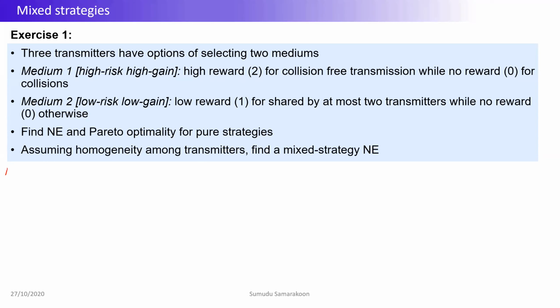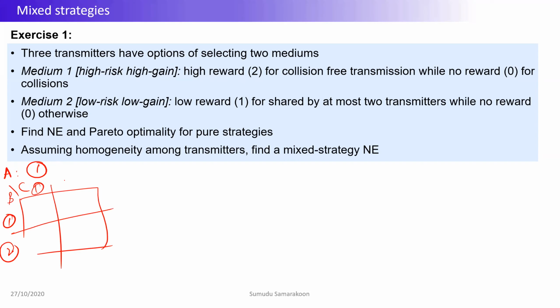If we consider transmitter A accessing medium 1, we will try to see what happens to B and C whenever they try to access mediums 1 and 2. Basically here it means collisions, no rewards.